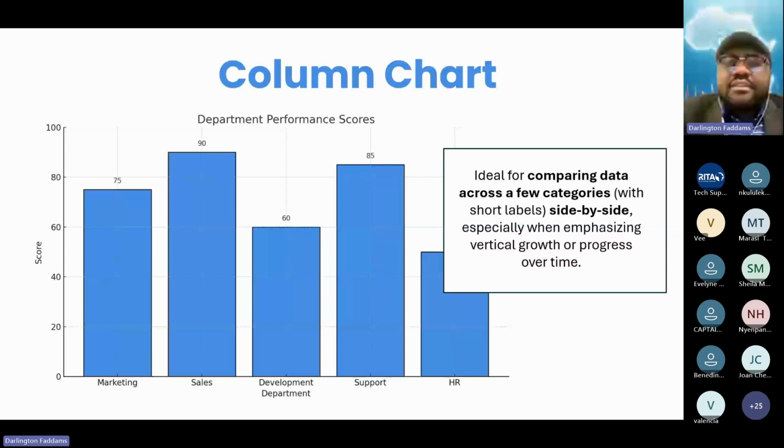There are a few categories side by side, especially when emphasizing vertical growth or progress over time. So over here, you can see that these departments are being compared by scores. And you can see that the vertical growth is what we are emphasizing.